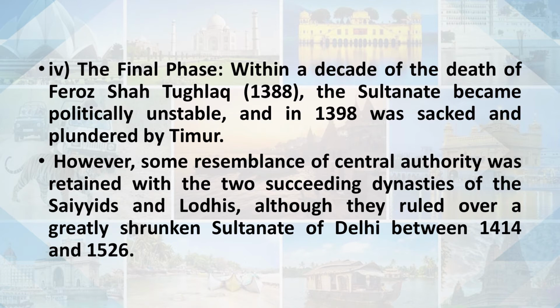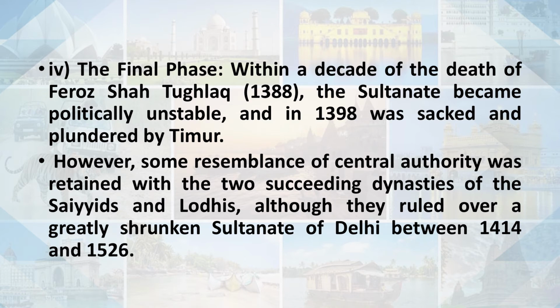The final phase under the Sultanate period: within a decade of the death of Firoz Shah Tughlaq, the Sultanate became politically unstable and in 1398 was attacked and plundered by Timur.